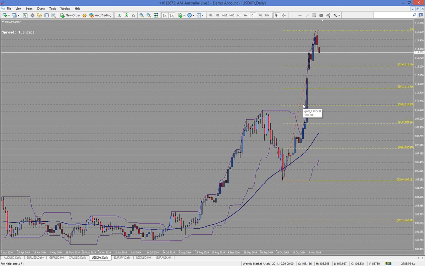The only thing that I would consider here is buying into it as a pullback. There's going to be a lot of people that think, hang on, Christian, you want to buy this? It's already moved 1,000 pips. How much more can it go? You've got to remember that 1,000 pips is a combination of two different countries doing the exact opposite of each other.